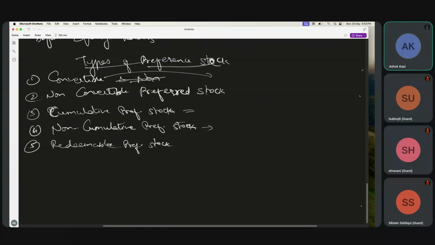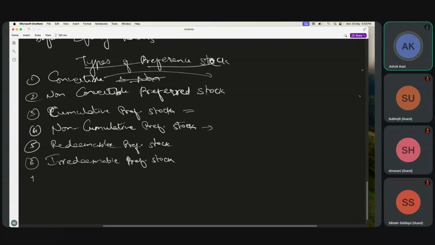They don't have to pay dividends after that. Irredeemable means it will not be called back, and forever they will keep paying dividend for this one.